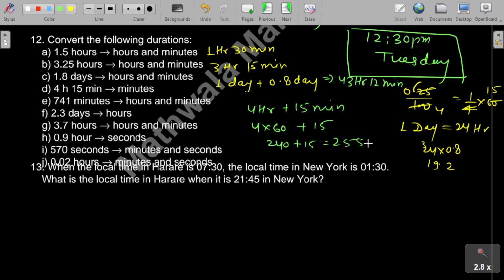741 minutes in hours and minutes. First we will divide 741 by 60 to get hours.